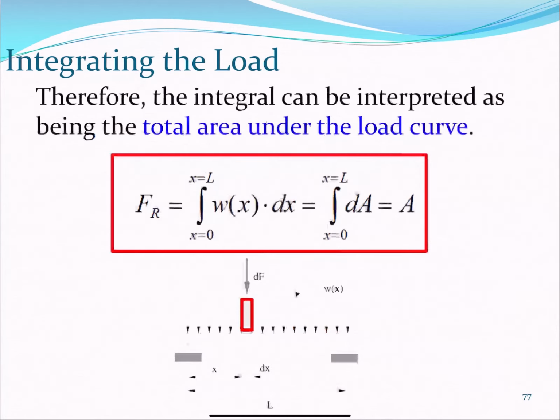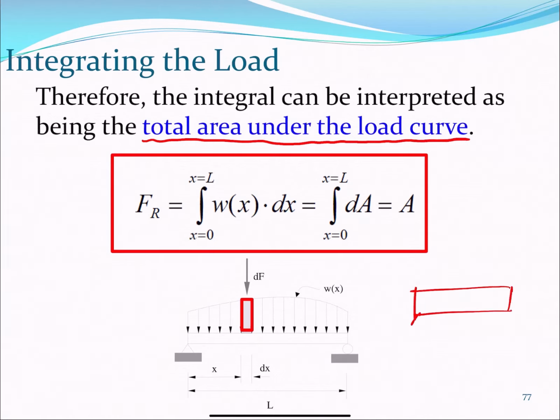So the integral can be interpreted as being the total area under the load curve. That's why, when we say that the load is actually a rectangle, all we do, if let's say this is 5 meters and this is 3 kilonewton per meter, is get the area: 3 times 5 equal to 15, for example.